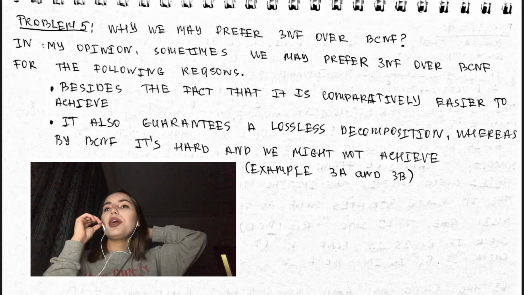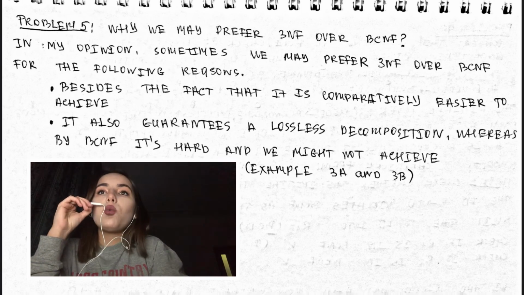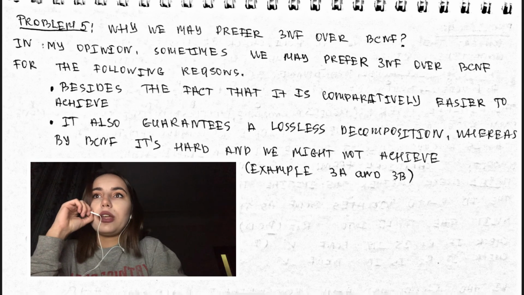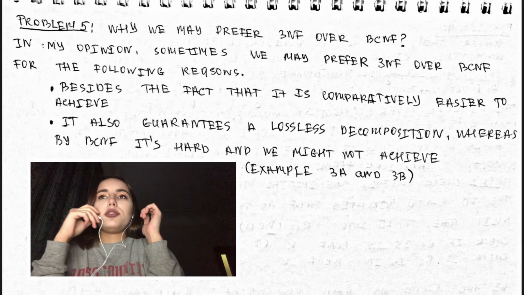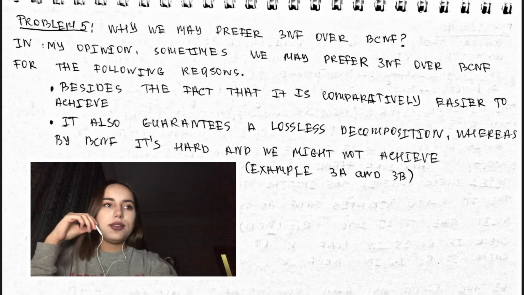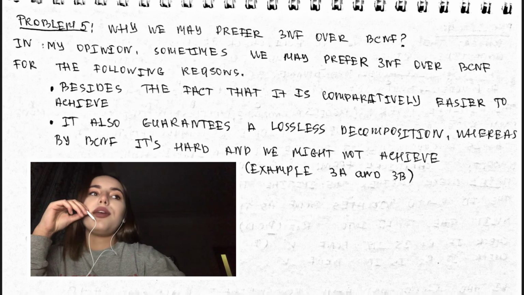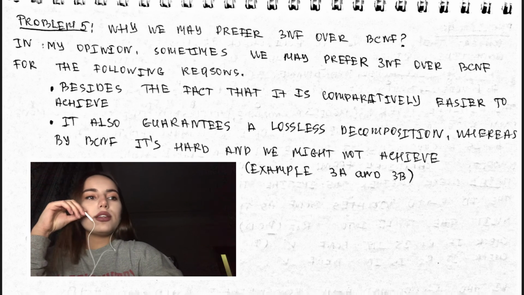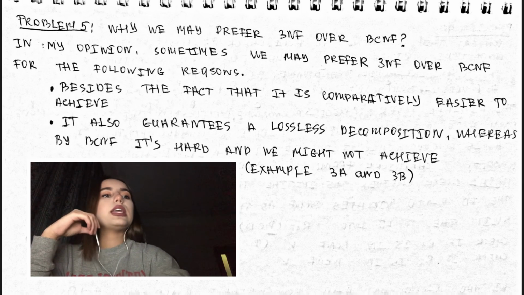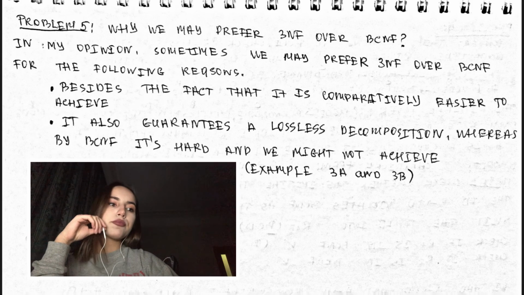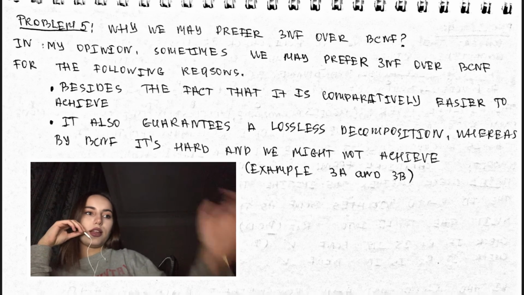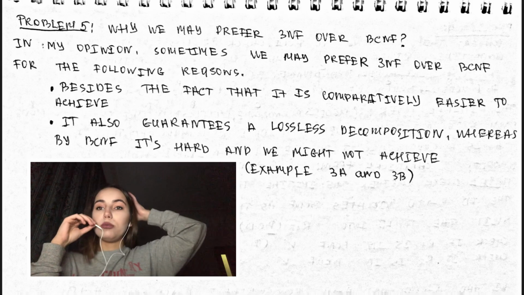So we have to answer the following question: why we may prefer 3NF over BCNF. Even though 3NF is weaker than BCNF, and whatever is contained in BCNF is also contained in 3NF, there are some cases where 3NF is more preferable than BCNF.